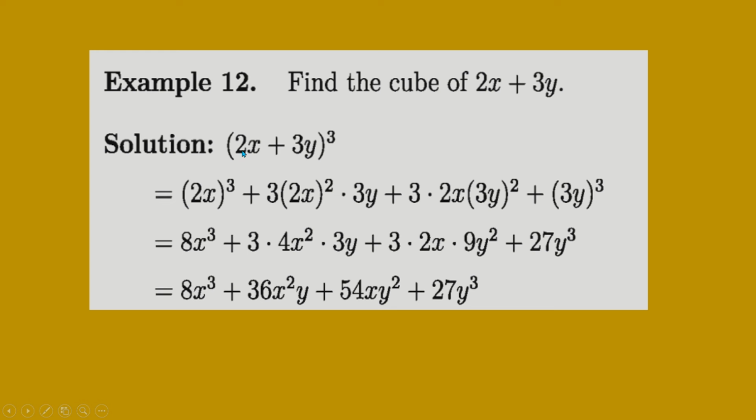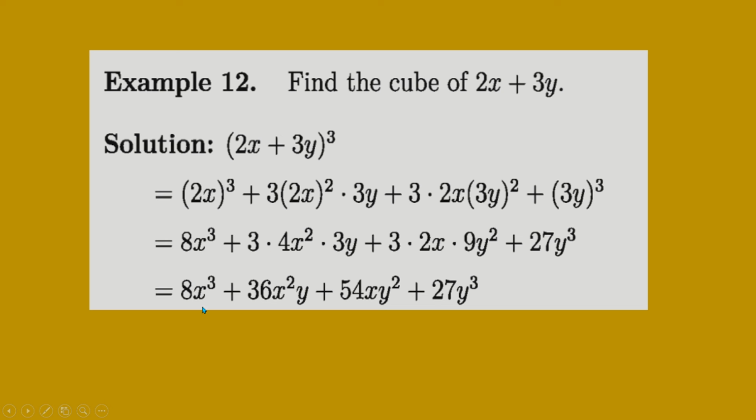Here a means 2x, so 2x whole cube plus 3 into 2x whole square into b, b means 3y, plus 3 into a, 2x, into b square, b means 3y, plus b cube, b means 3y whole cube. This equals 8x cube plus 3 into 4x square into 3y plus 3 into 2x into 9y square plus 3 cube means 27 y cube.